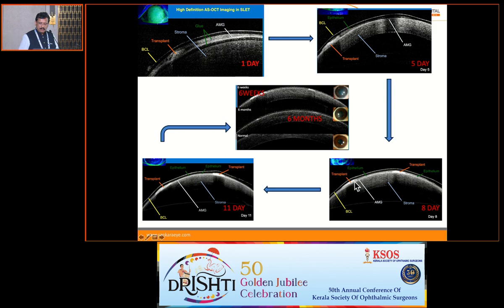They are again growing over here and covering. On the 10th day, again this area becomes larger, so it indicates that there is epithelial growth here. At the end of 6 months, you can see these epithelial transplant tissues are not seen, and the corneal epithelium looks nice, and it has covered all of the cornea.